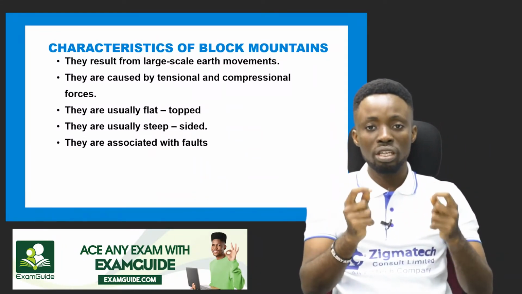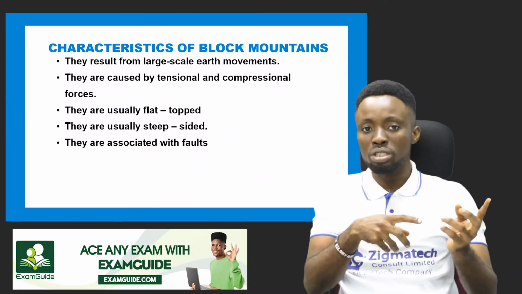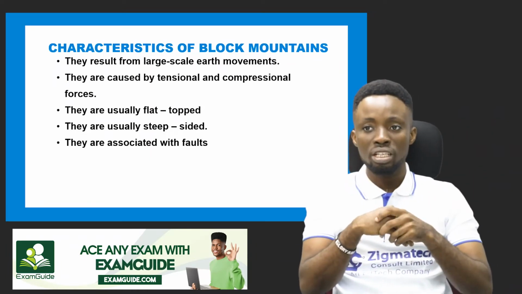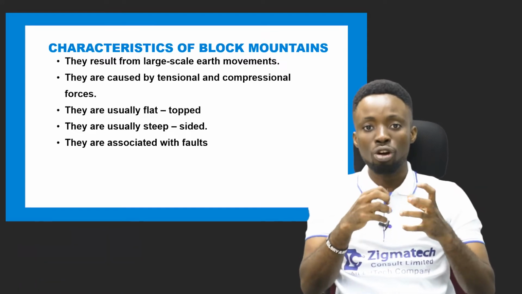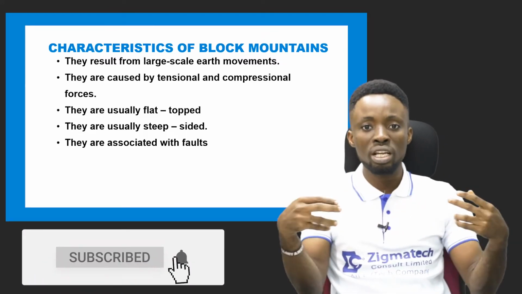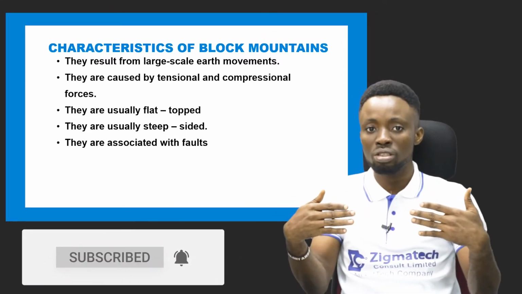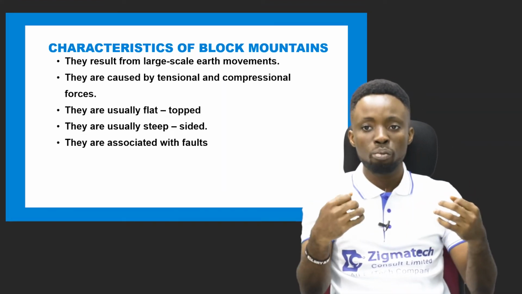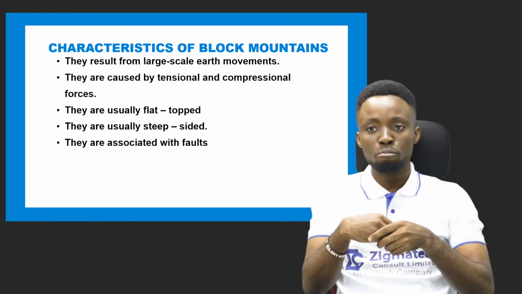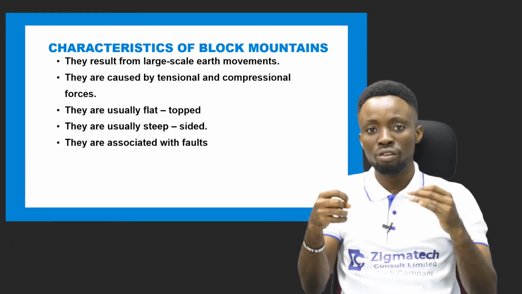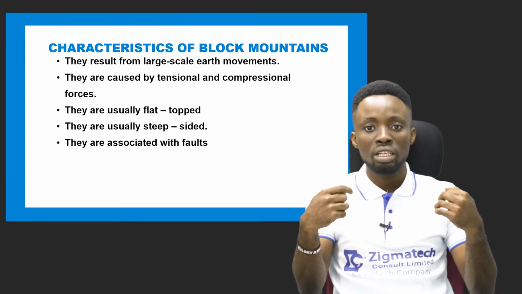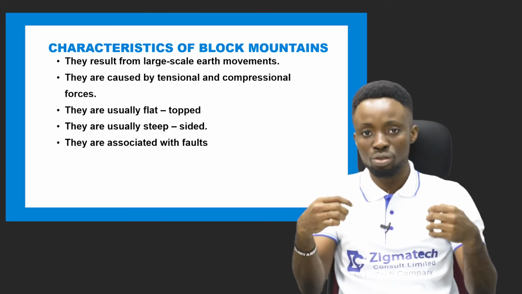So the key difference between the block mountain and the fold mountain is that for the fold mountain, the compressional force is in a horizontal direction, and there is no faulting. But for the block mountain, the tensional and compressional forces are basically in the upward and downward movement, and they are supported by the presence of faults.